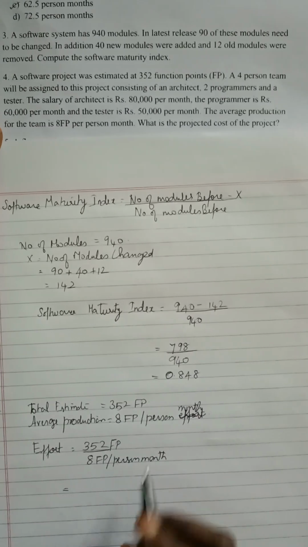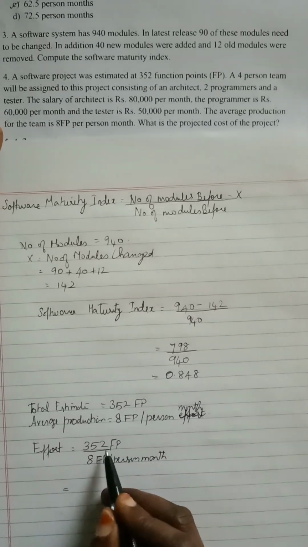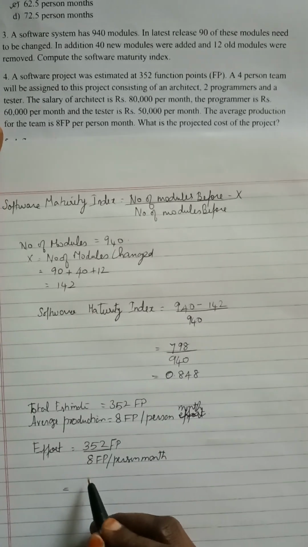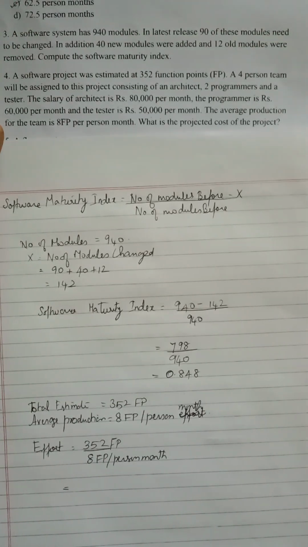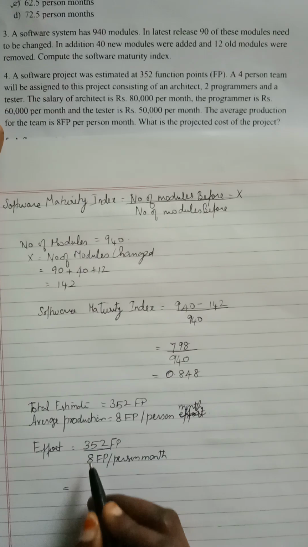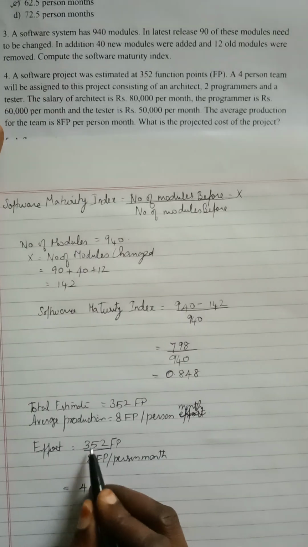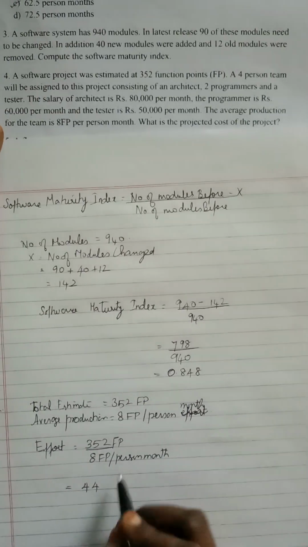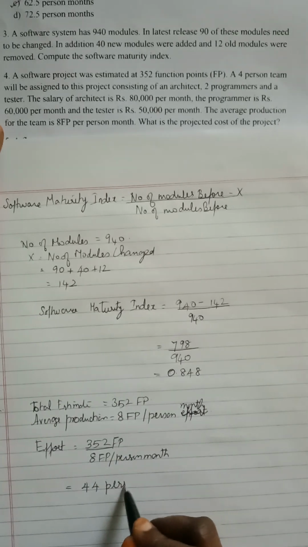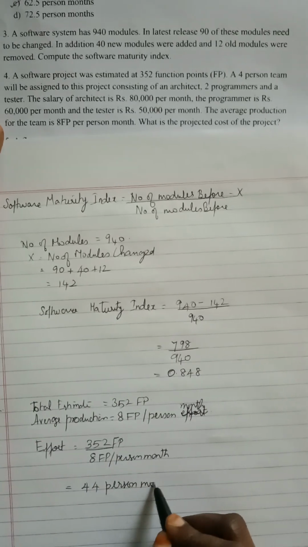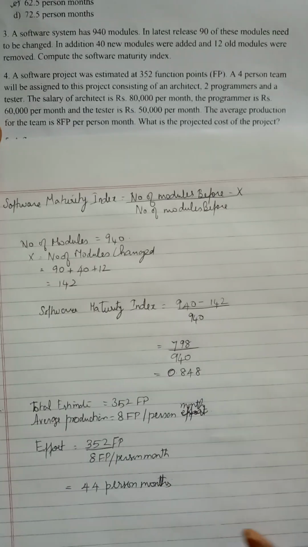Hence when you divide, you will get the number of person months. So 352 divided by 8. 8 4s are 32, 8 5s are 40, so 44. So it will be 44 person months.